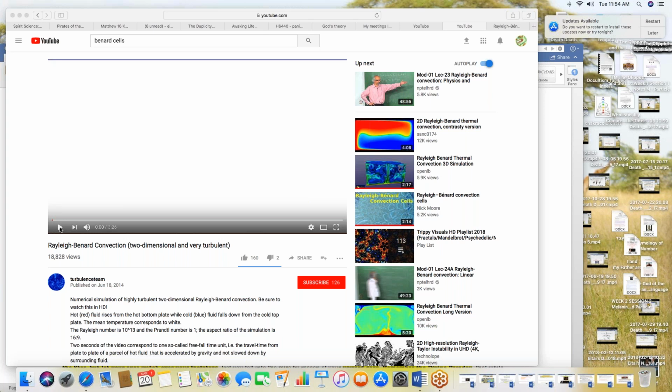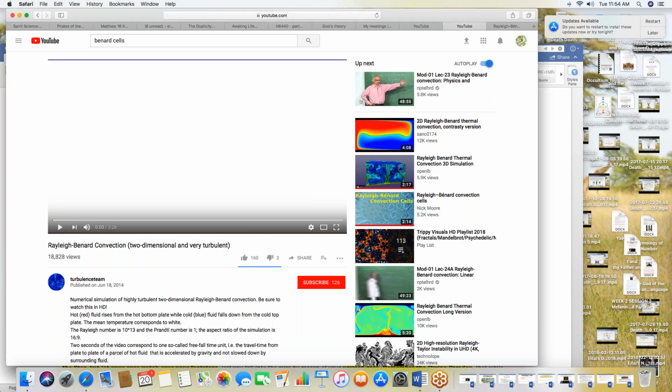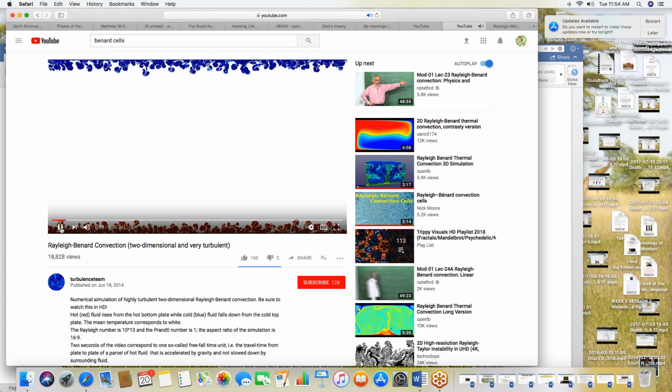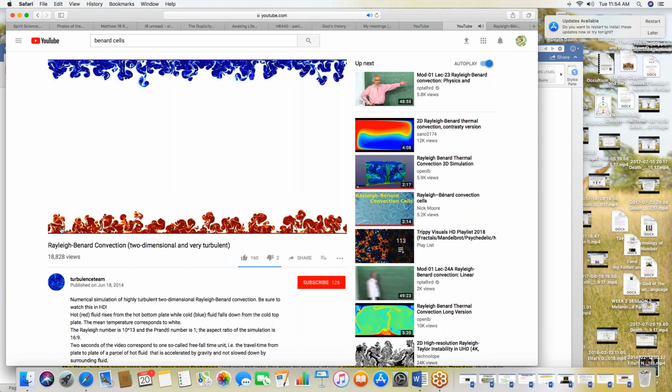And I want us to take a look at this, and we'll look at another one very quickly. This is a Rayleigh-Bernard convection cell. So you see the two colors, family, polarity.